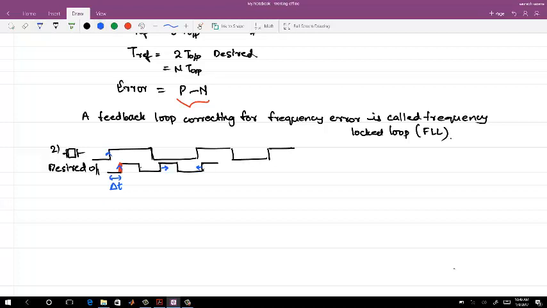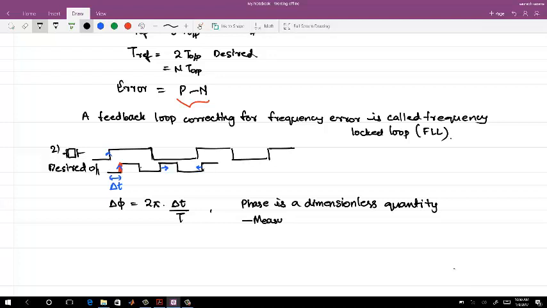This delta t can also be written in terms of phase, where delta phi is equal to 2 pi times delta t over T. Let me define this: phase is a dimensionless quantity, and it's a measure of the absolute time accumulated, or absolute time passed, normalized to a certain reference.